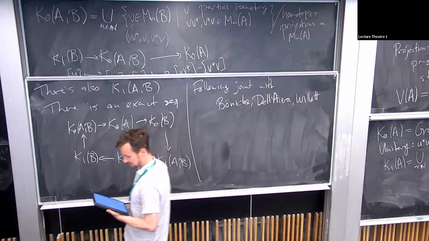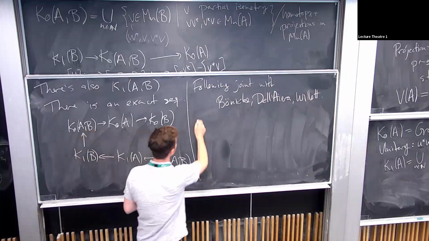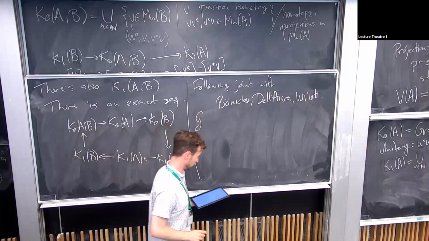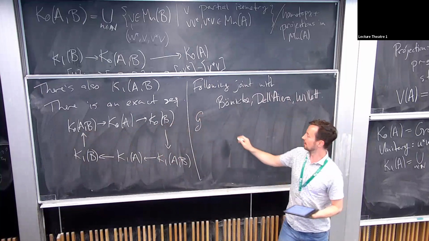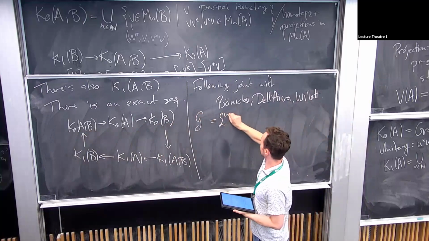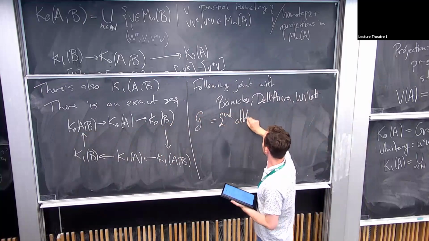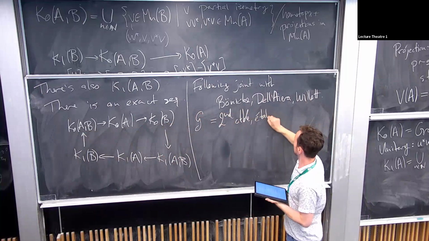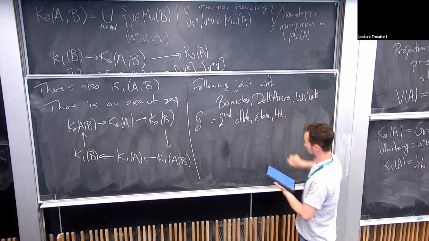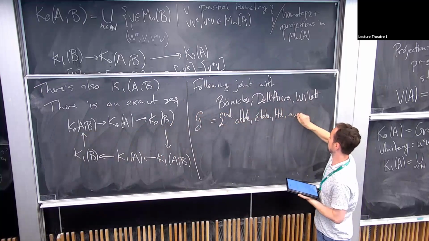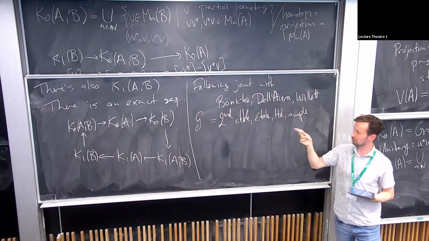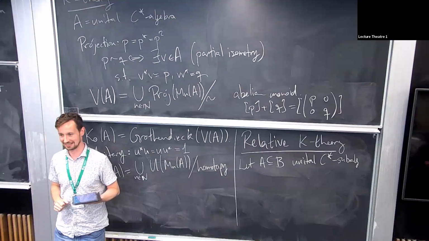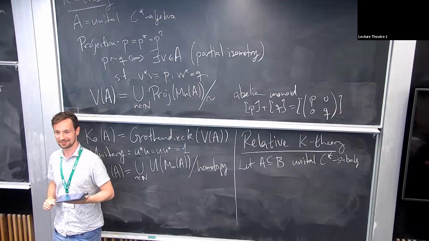So in this case, I'm going to take a groupoid, because that was what Christian told me he wanted to do. So we took a groupoid which is second countable, étale, Hausdorff, and ample.